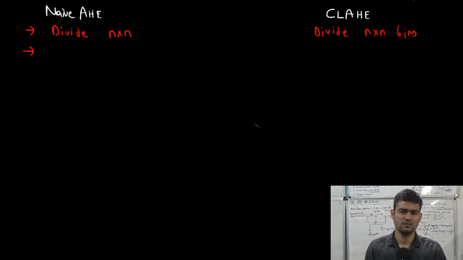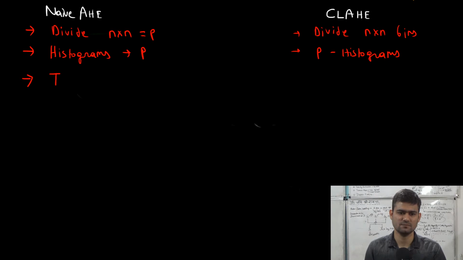Then we compute the histograms, P such histograms. Here also we compute P different histograms. In the naive adaptive histogram equalization, we then compute the transformation function, which is the CDF, cumulative distribution function, of each of the individual histograms.